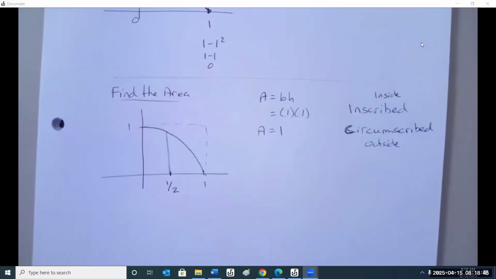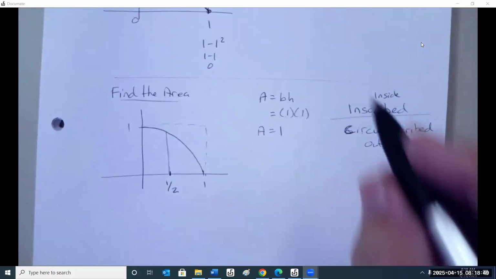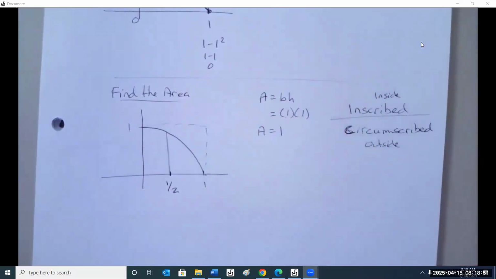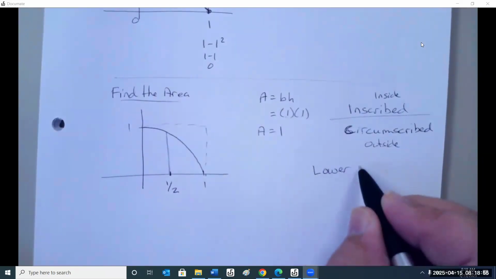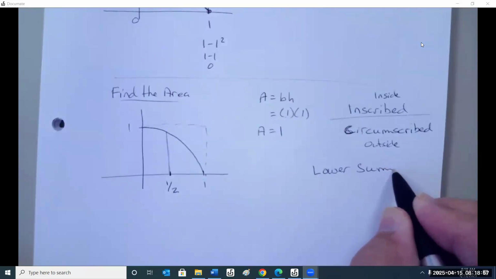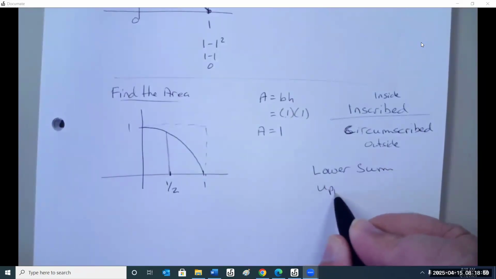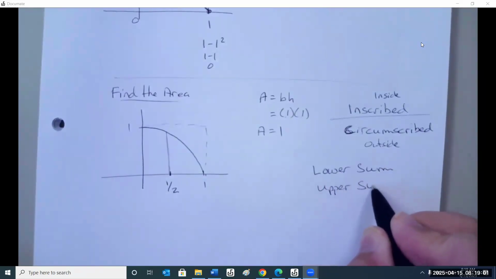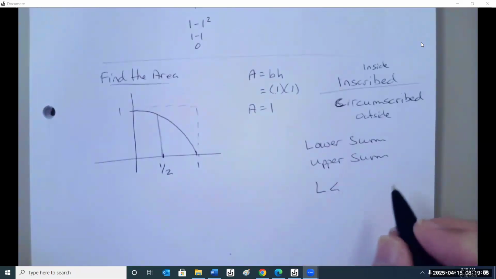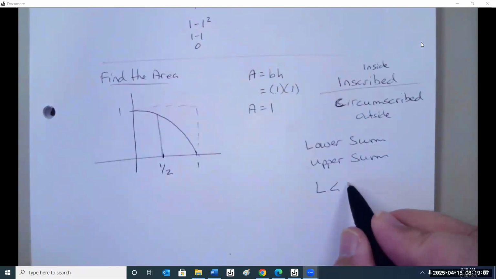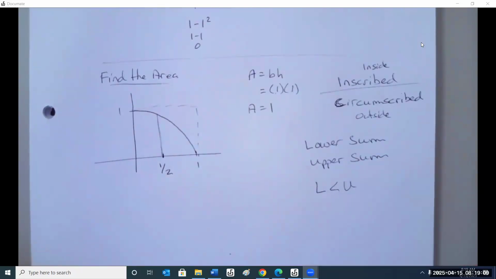And what these will eventually give us is what's called a lower sum and an upper sum, where the lower sum will be less than the upper sum.